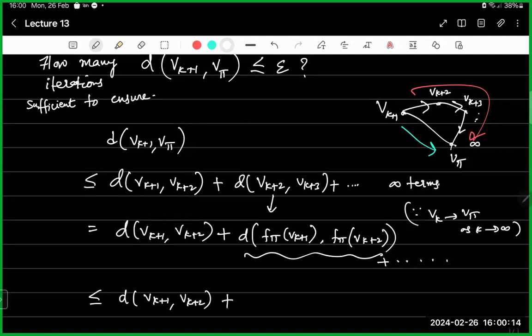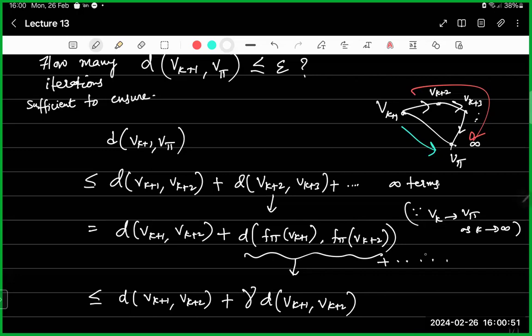If you refer to your previous class lecture, we have shown this. Gamma is the discount factor, which is a number between 0 and 1, the same number. So we proved that F is a contraction mapping with gamma as this parameter.